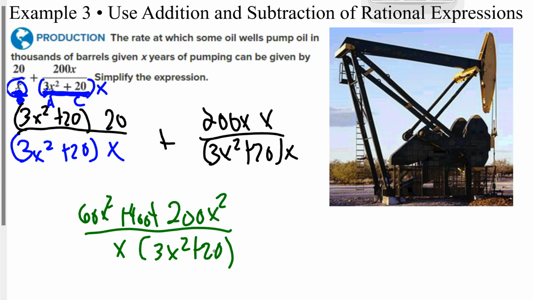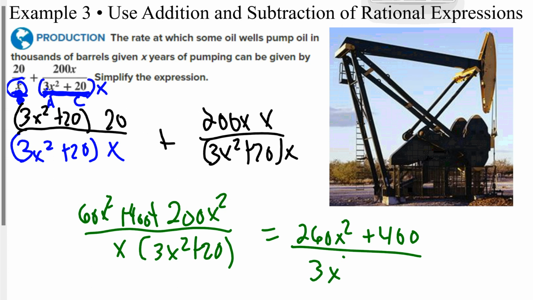Now I can just distribute or combine like terms on top, so I get 260x squared plus 400, and then on the bottom I distribute that, and I get 3x cubed plus 20x. That would be my simplified expression, because there are no factors I can factor out, right? So that would be it for that one.